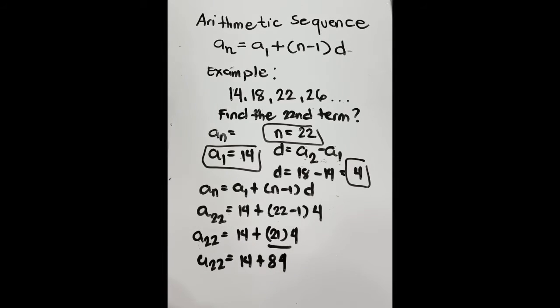Okay. So after getting 21 times 4, which is 84, add natin yung dalawa. So 14 plus 84, that is 98. So meaning to say, our 22nd term is 98.